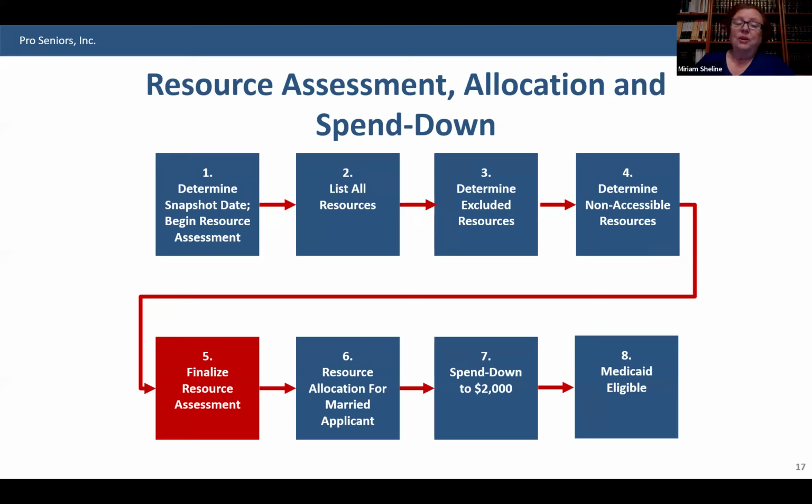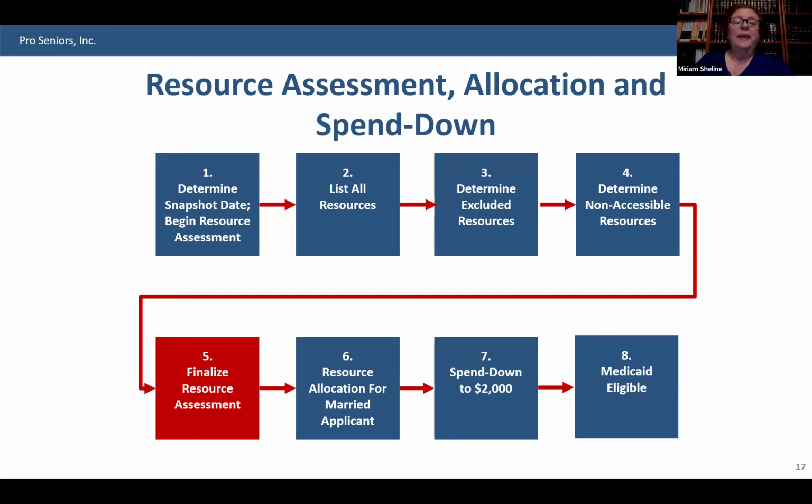Basically, we had to first start with determining the snapshot date. What is a snapshot date? That is the date we are going to value the resources for the allocation. That date is the first day of the first month in which the institutionalized spouse is continuously institutionalized.